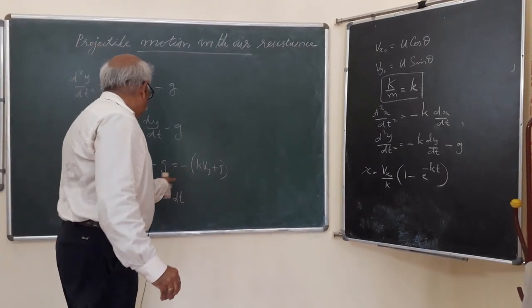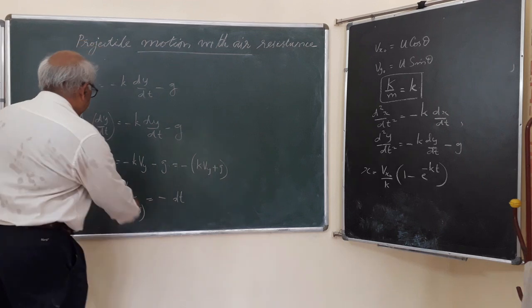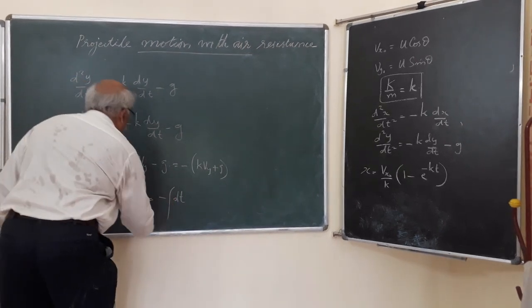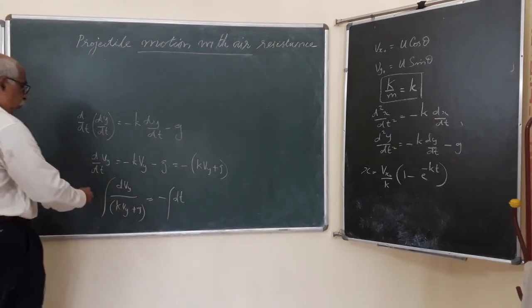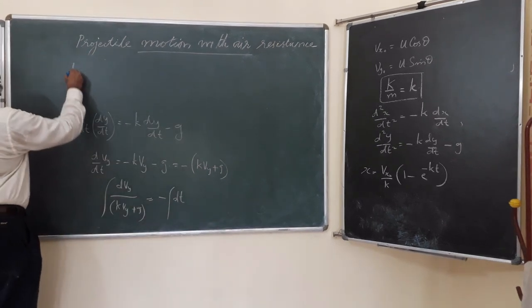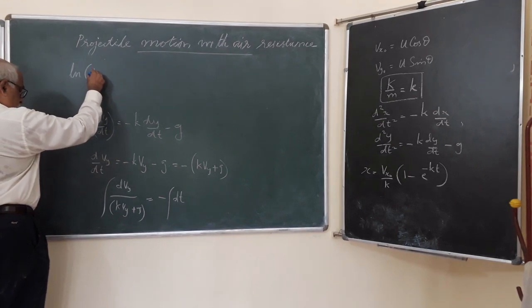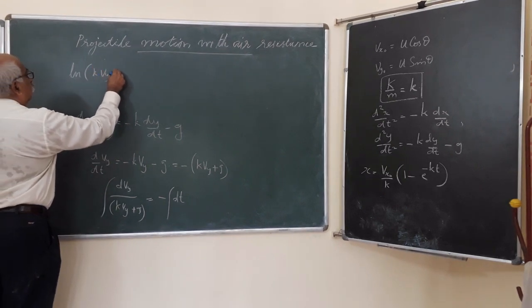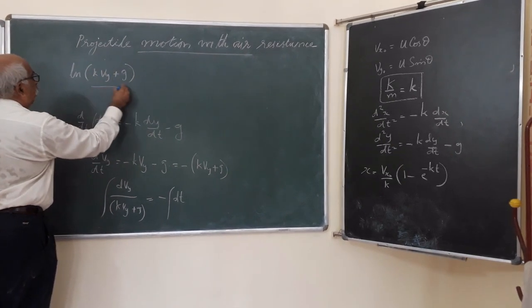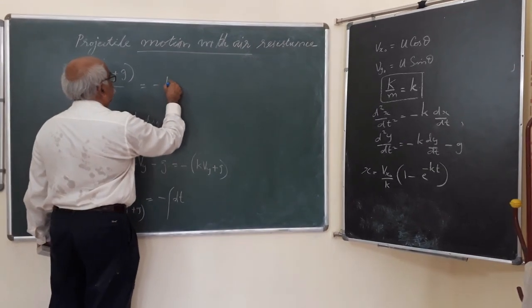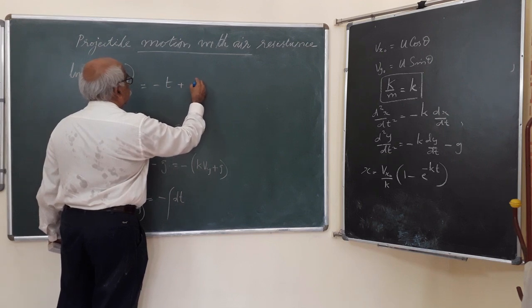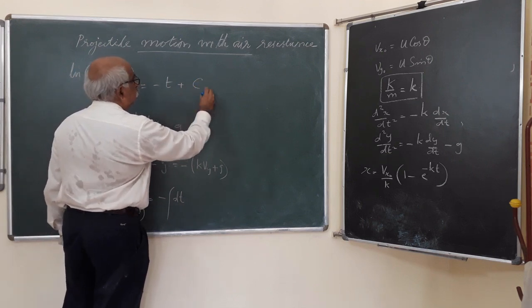Integrating, we get the left hand side as ln of kVy plus g divided by k is equal to minus t plus a constant of integration, say C3.